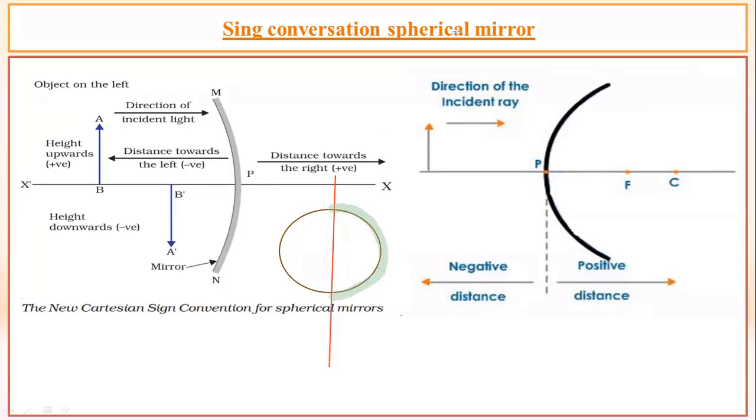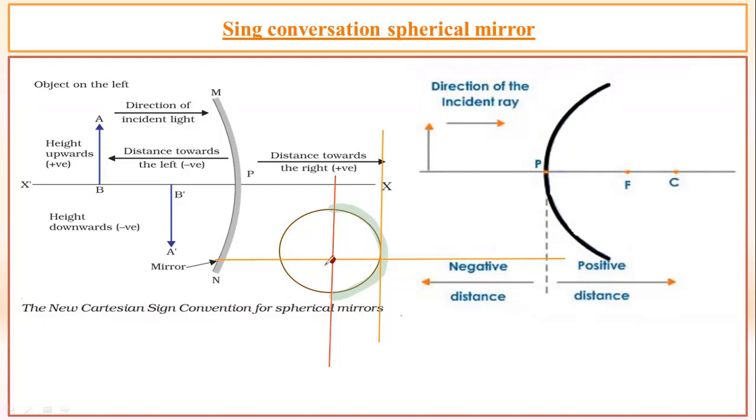So if we take our x-axis and y-axis on this pole like this, then we observe that the center of curvature, which is over here, and just a minute, I will change the color so that it highlights this. The center of curvature means the center of the sphere from which this mirror was taken out.